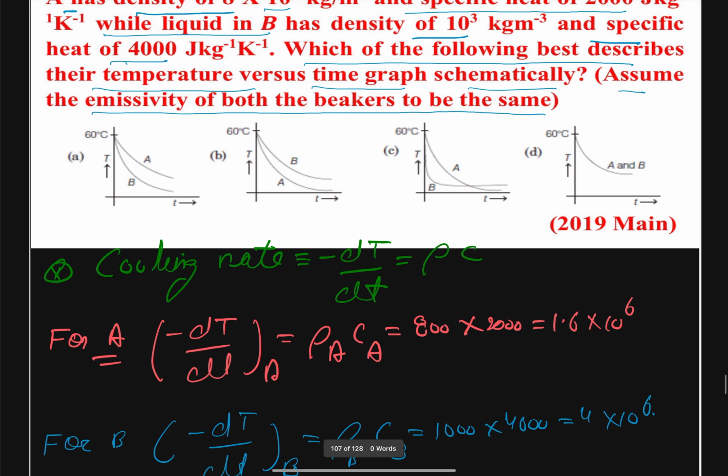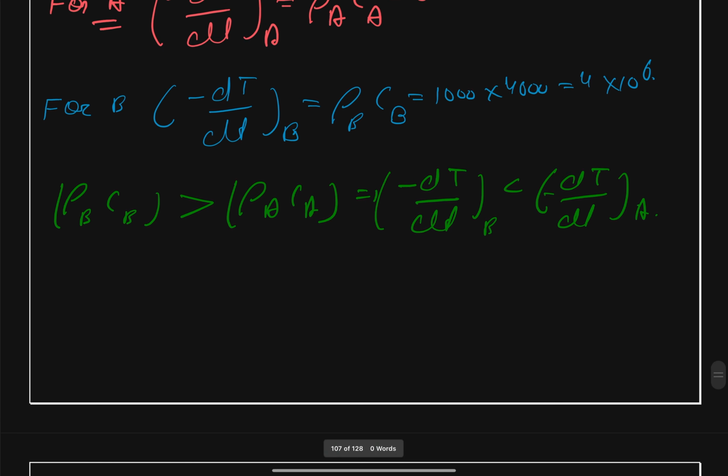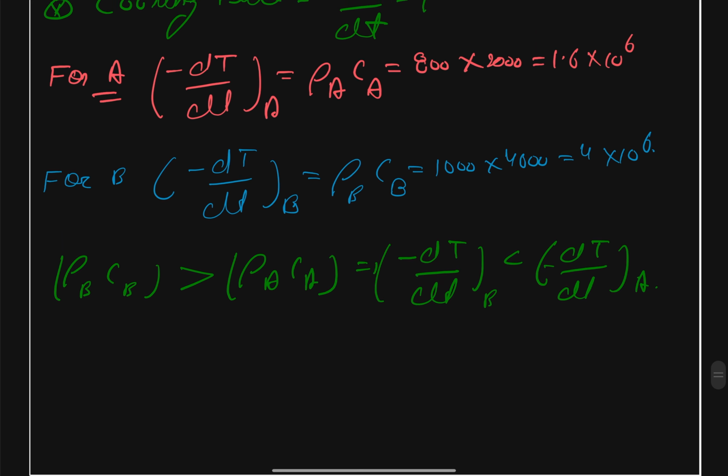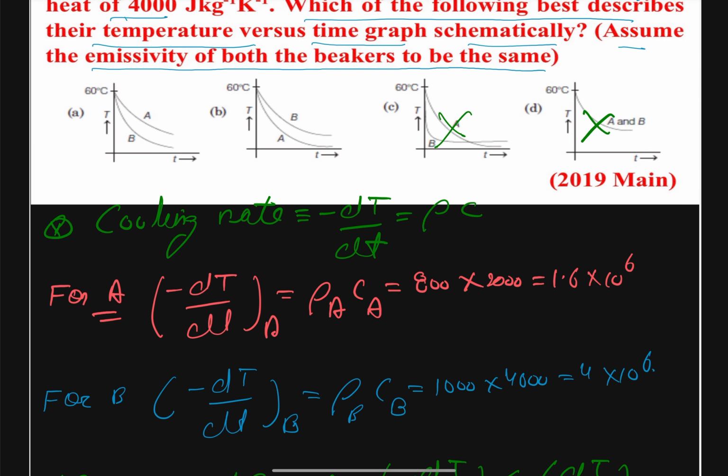Okay, so C and D are not possible. Only possibility is A and B, but we know that the rate of cooling for A is on the higher side as compared to B. Therefore, B and A. So option B is correct.